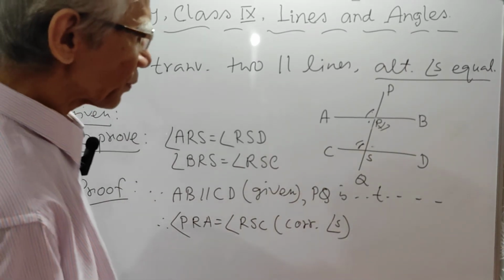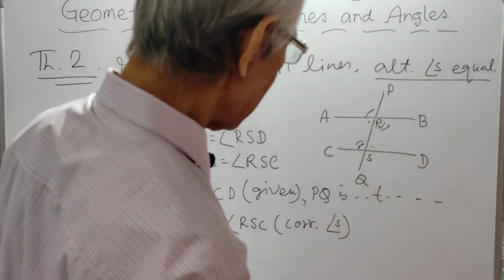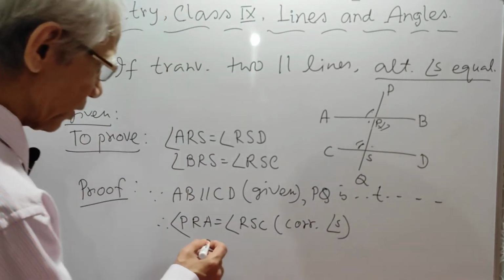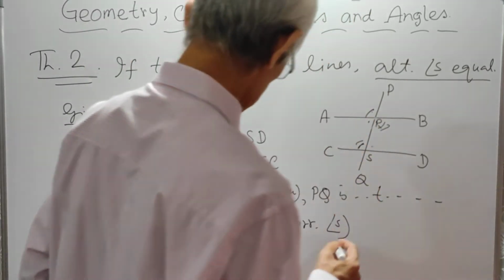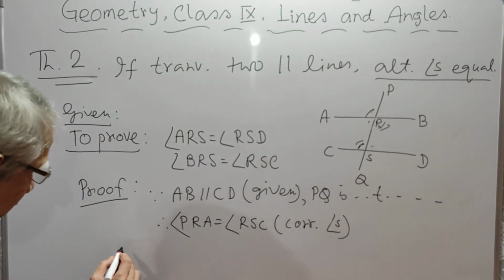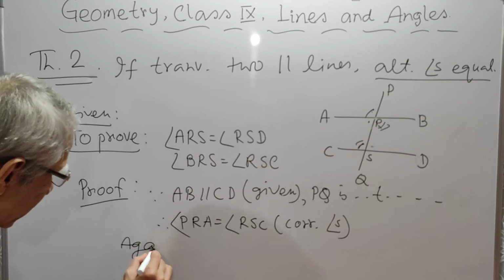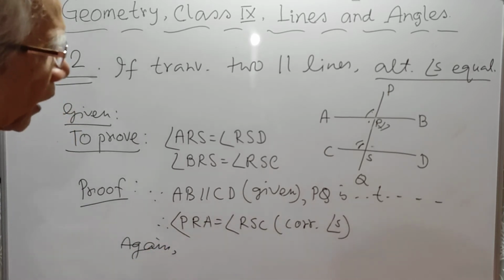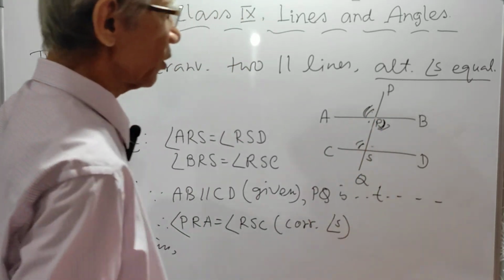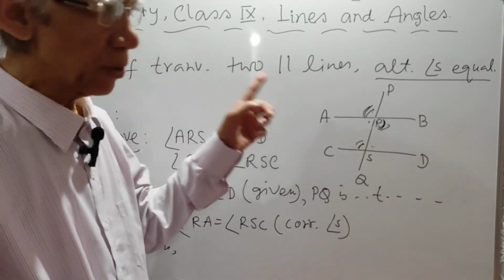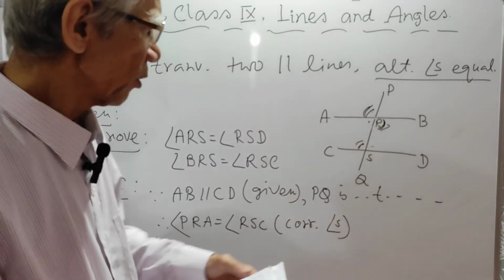Okay. Now, next, you write again: you see these two are equal. They are vertically opposite angles according to theorem 1. In theorem 1, we have already proved vertically opposite angles are equal.